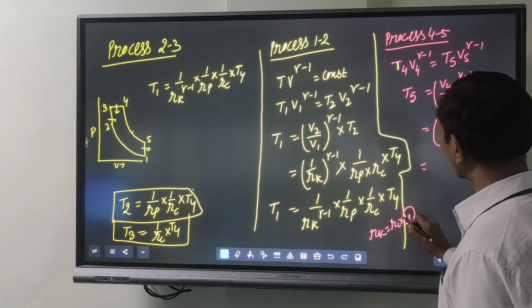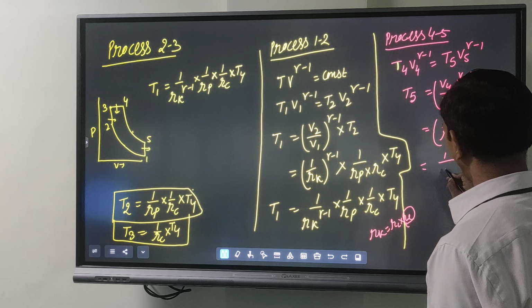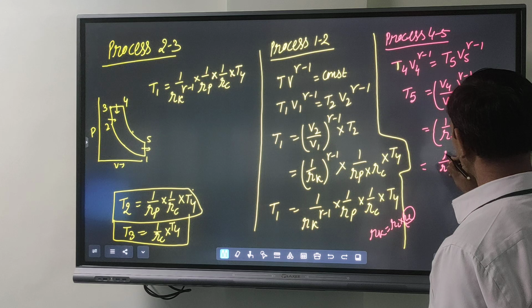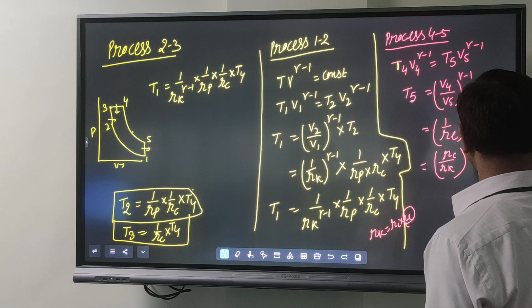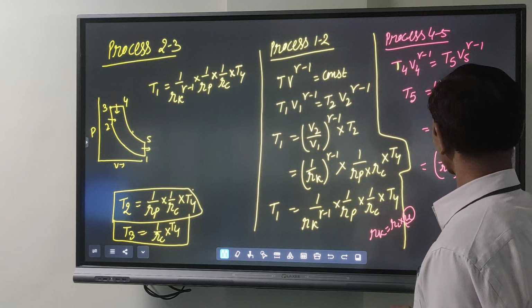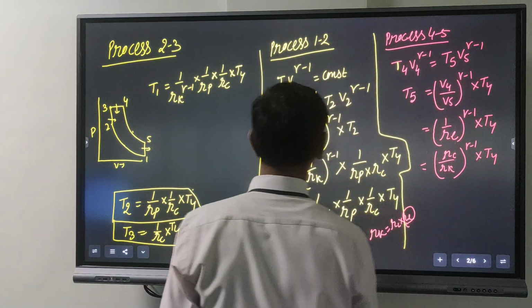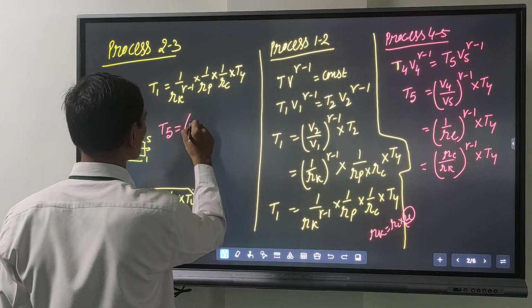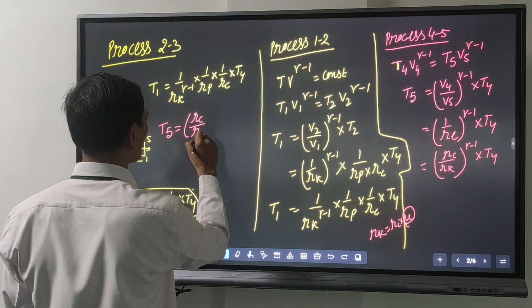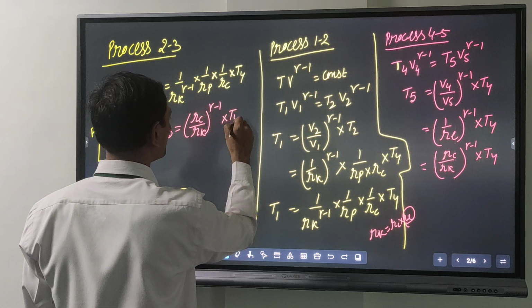So we can write Re is equal to Rk by Rc, and T5 is equal to (Rc by Rk) to the power gamma minus 1 into T4.